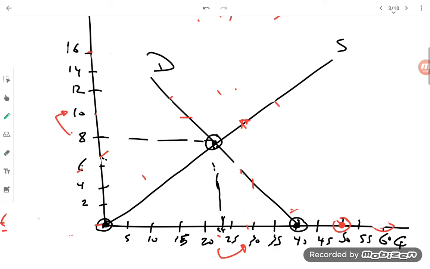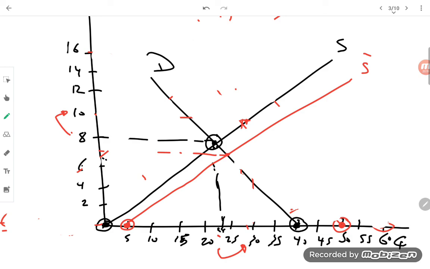This is the initial demand and supply function, and then we have to draw the new supply. When price is 0, quantity supplied is 5, and when price is 7, quantity supplied is 26. So this is the new supply function.